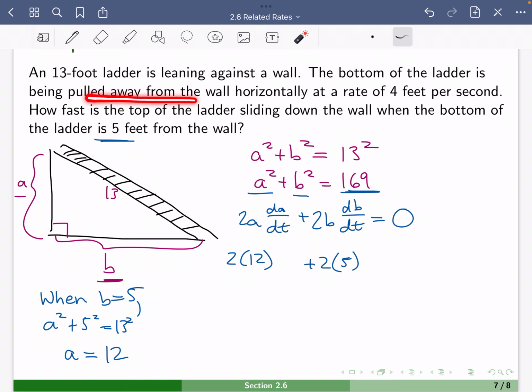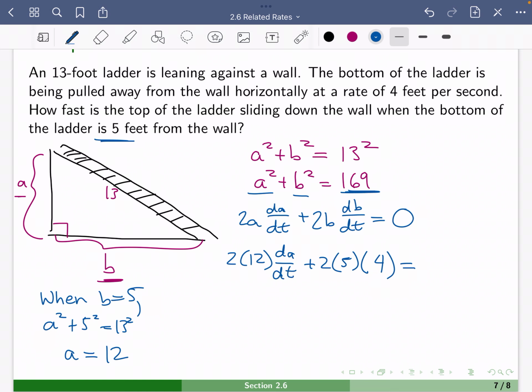We know it's being pulled away horizontally at a rate of 4 feet per second. So is that a change in A or is that a change in B? That is a change in B. So that's going to be 4 feet per second. We're going to figure out what dA/dt is.